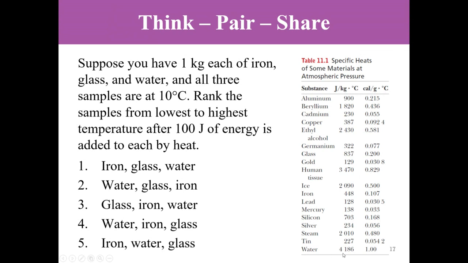For water, it is 4,186. And all three samples are at 10 degrees Celsius. Rank the samples from lowest to highest temperature after 100 joules of energy is added to each by heat.